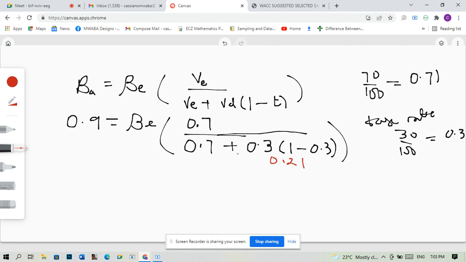Then 0.21 plus 0.7, we get 0.91. So our denominator here becomes 0.91. Then 0.7 divided by 0.91, we get 0.7692.